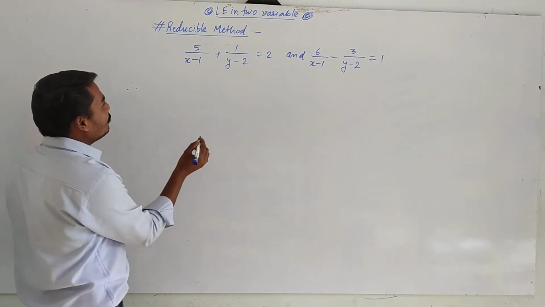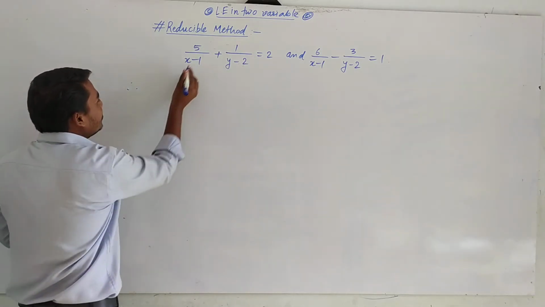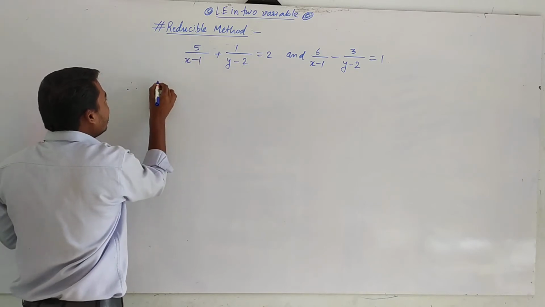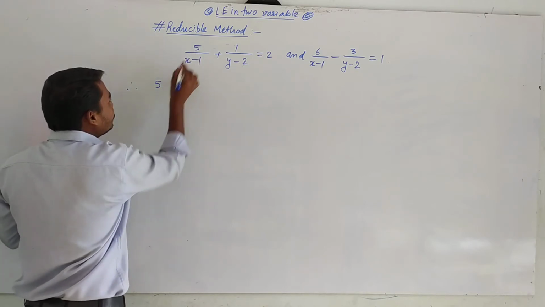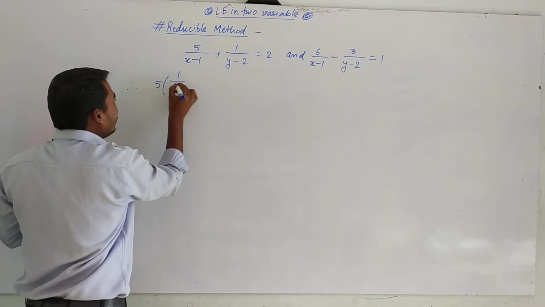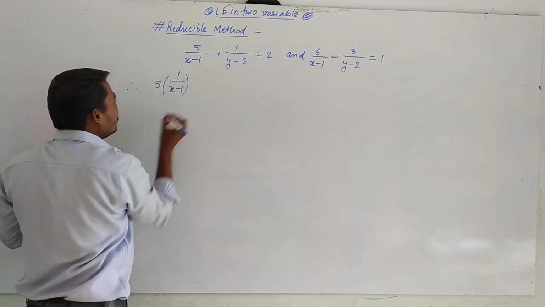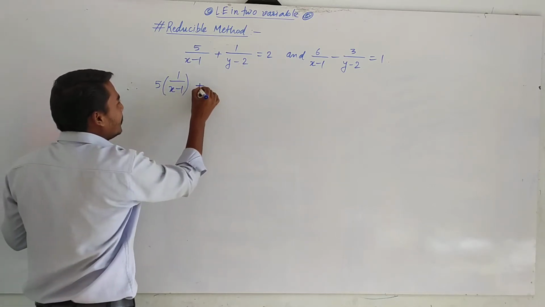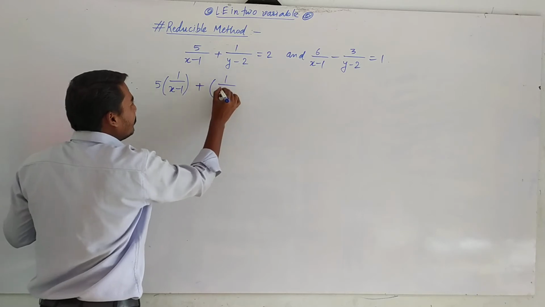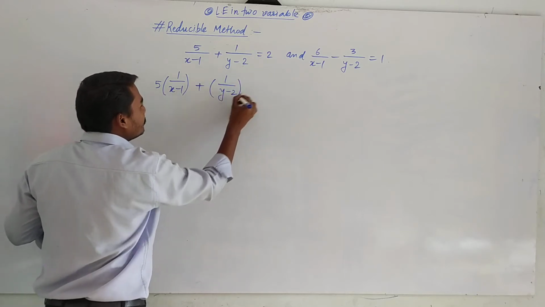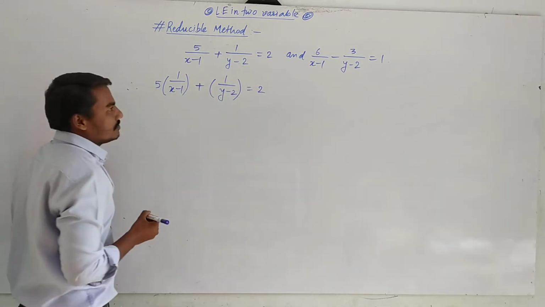Now first I want to write these equations like this. Suppose 5 times 1 by x minus 1, plus 1 upon y minus 2 is equal to 2.